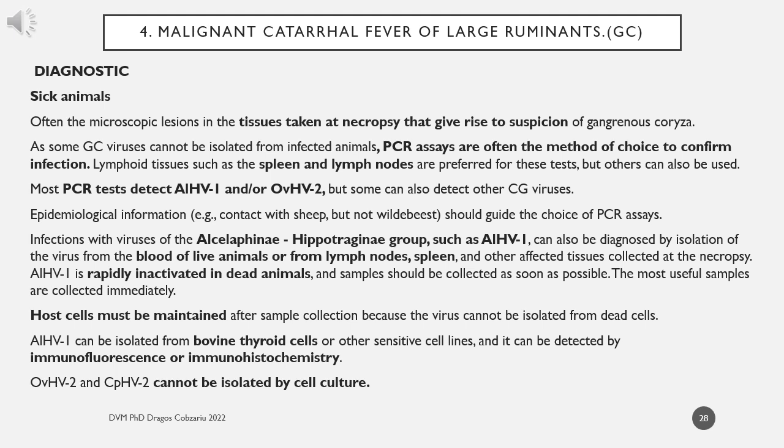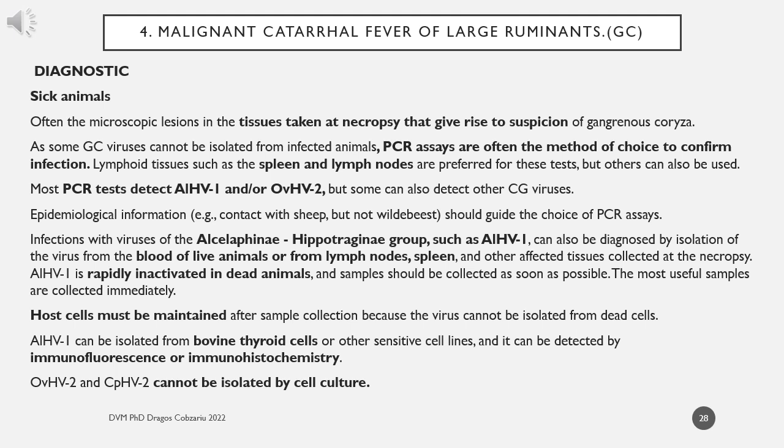Infections with viruses of the Alcelaphini/Hippotragini group, such as AlHV-1, can also be diagnosed by isolation of the virus from the blood of live animals or from lymph nodes, spleen, and other affected tissues collected at the necropsy. AlHV-1 is rapidly inactivated in dead animals, and samples should be collected as soon as possible. The most useful samples are collected immediately.